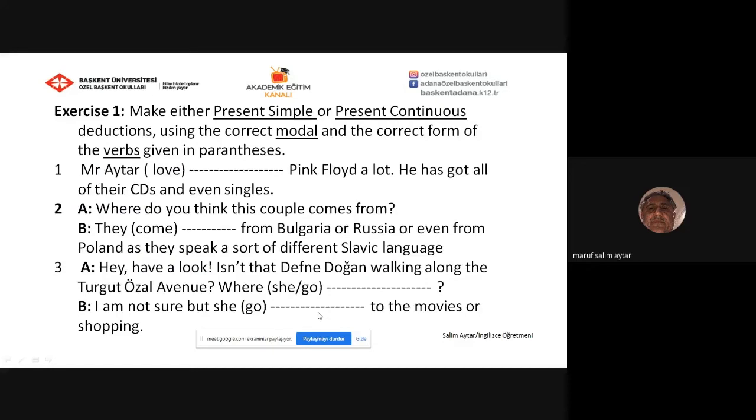So let's just remember how far we could get with making such deductions. Make either present simple or present continuous deductions using the correct modal and the correct form of the verbs given in parentheses. So in the first question, we see that Mr. Itar loves Pink Floyd a lot.